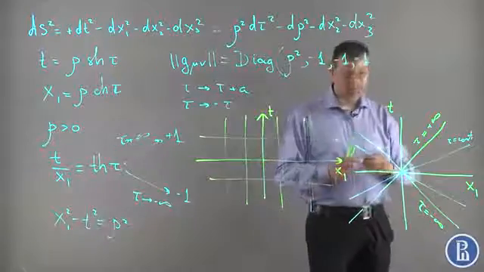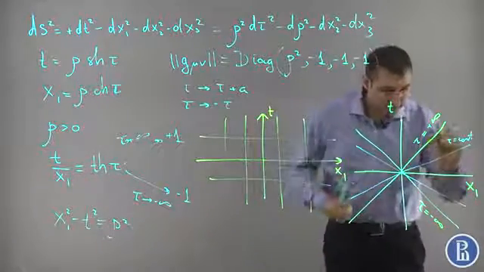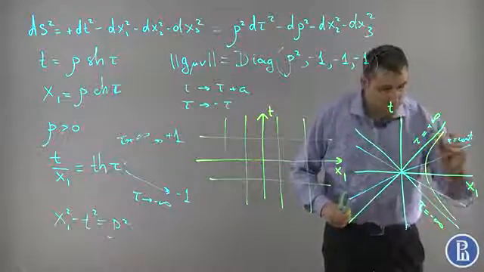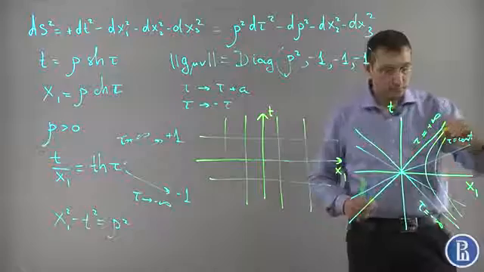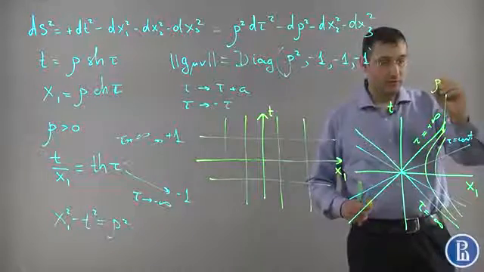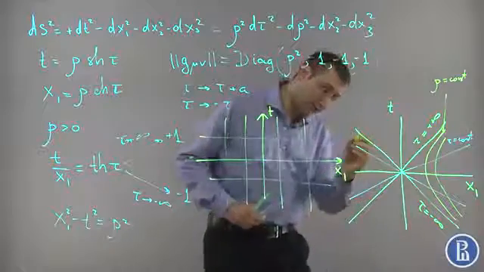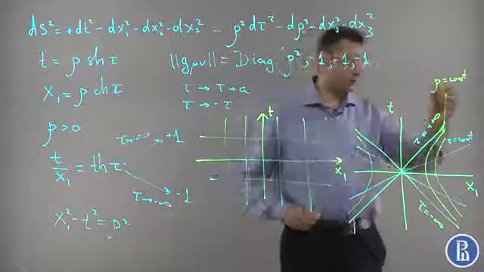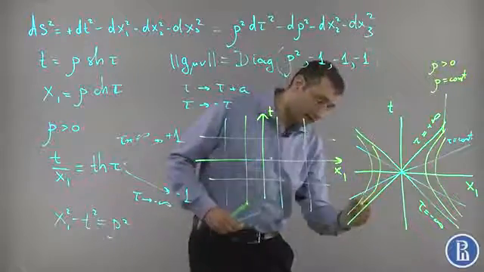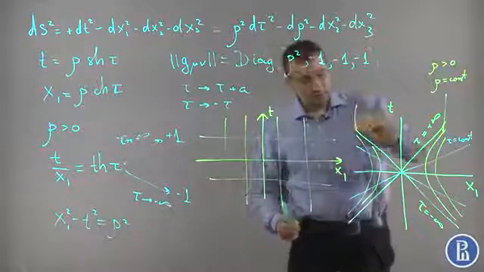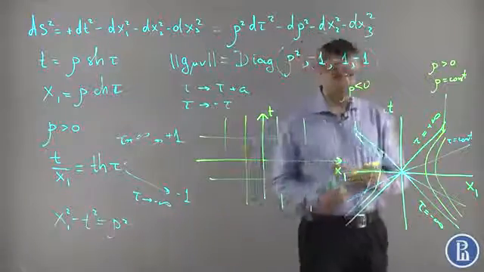And the lines of constant rho are just hyperbolas. So these are lines of constant rho. For rho positive, this is for rho constant and rho greater than 0. And for rho negative, we have also hyperbolas, but this corresponds to rho less than 0.